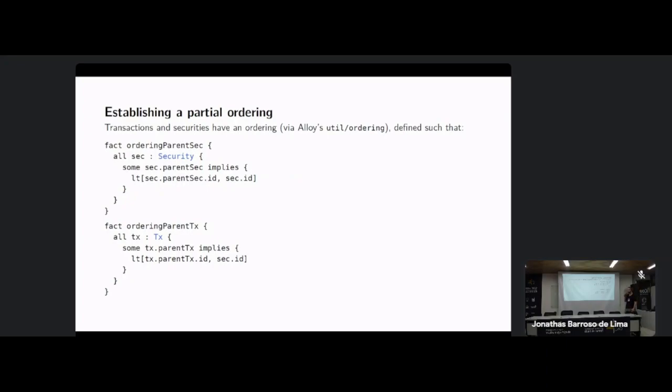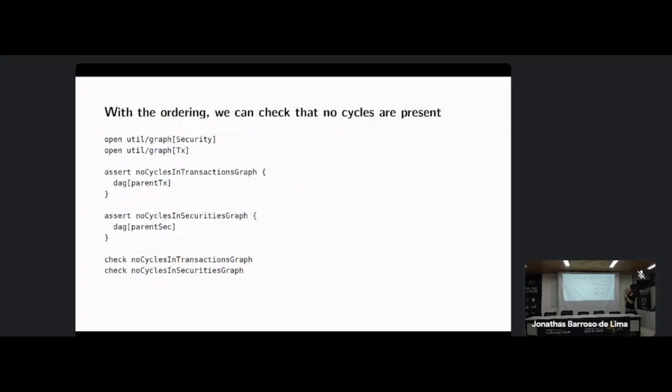It would violate the ordering. Alloy has a graph module that can very succinctly check that this is a DAG. So we just import the model, and we say parent transaction forms a DAG, and parent security forms a DAG. So we're good now for auditability.